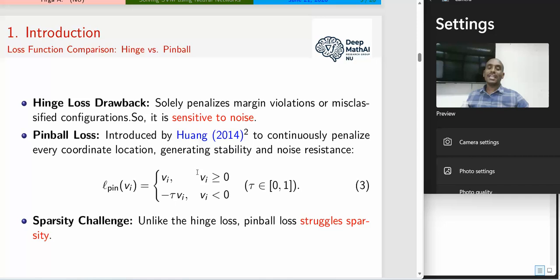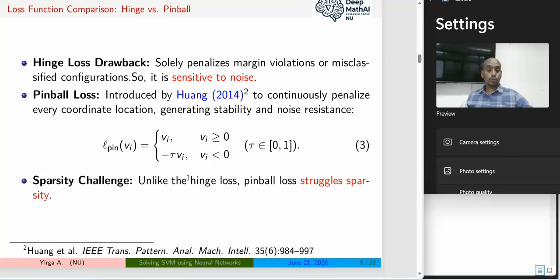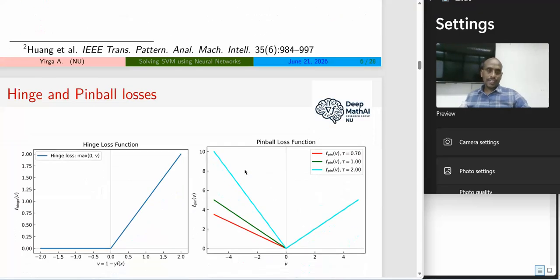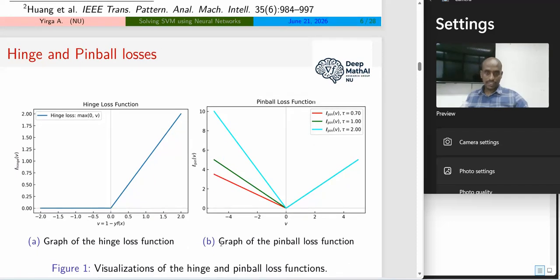So to resolve this problem, Huang introduced the pinball loss. The pinball loss penalizes every sample point to ensure stability of resampling. As you can see here, this is the pinball loss, the second one. Figure P shows the pinball loss for different values of the parameter tau.